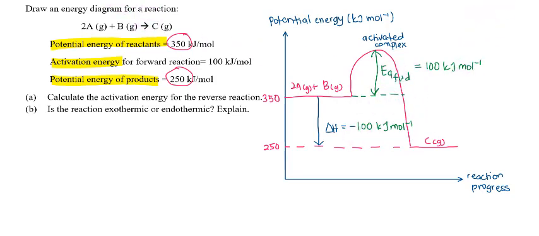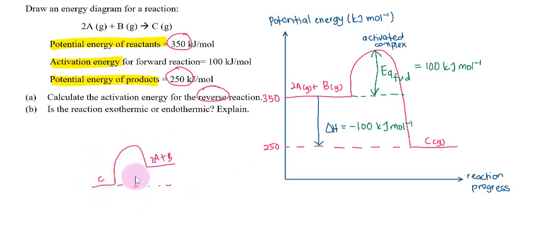Since this diagram is for the forward reaction, if you draw the reverse reaction, it should look like this, where this is your C and this is 2A plus B. The question asks you to calculate the activation energy for the reverse reaction. If the forward reaction is from reactant to the top, then for the reverse reaction, C is going to be your reactant.